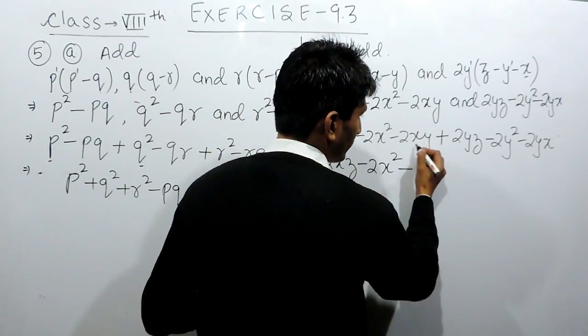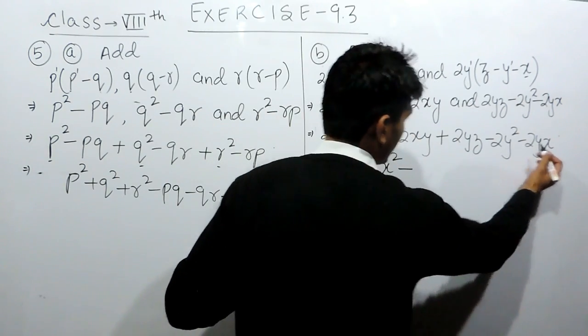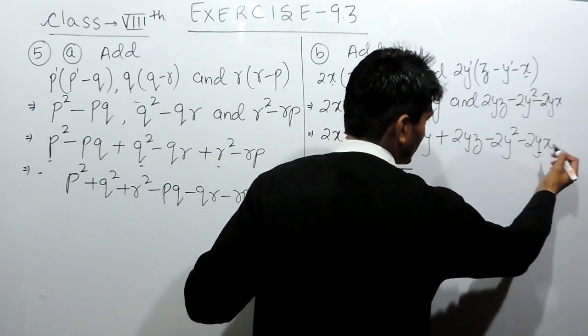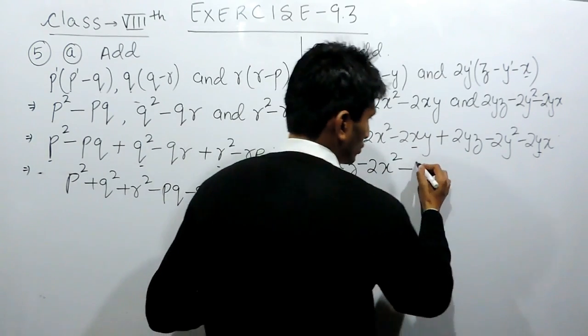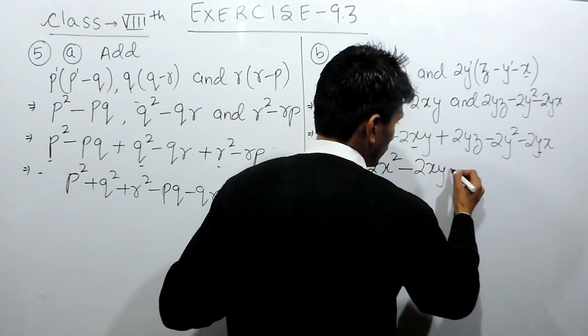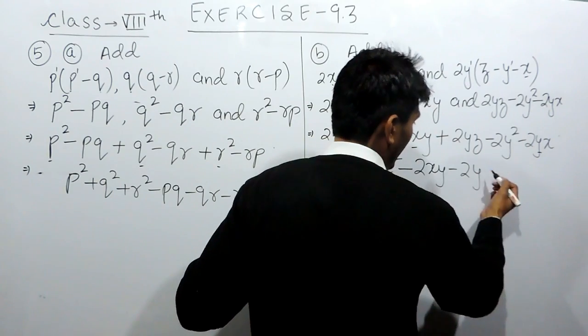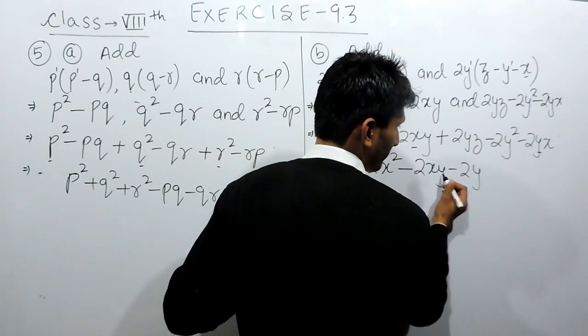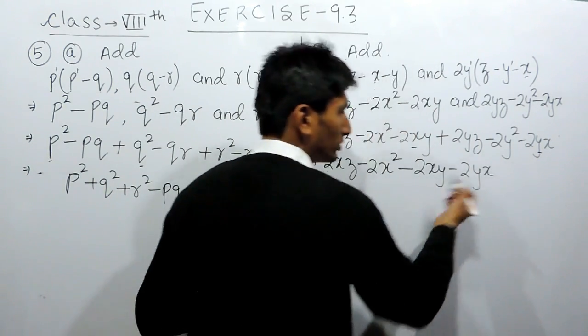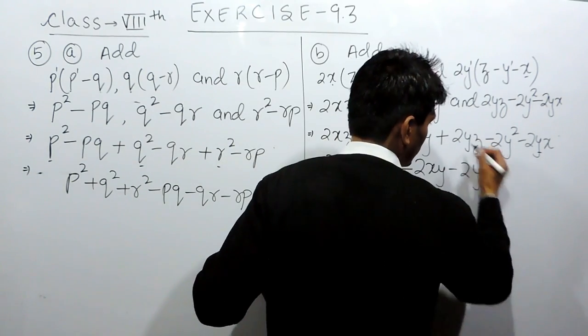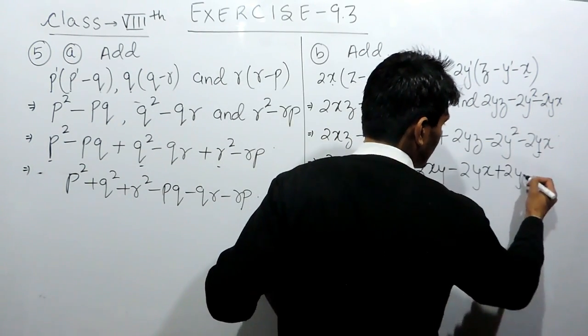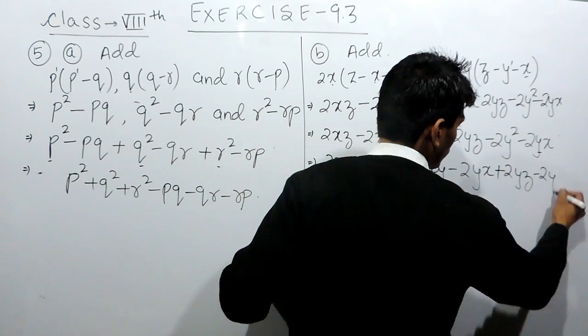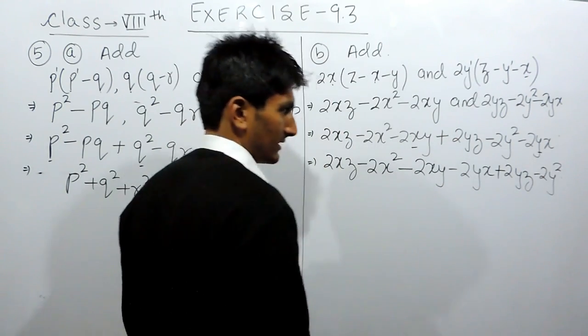This is 2xy, and at the last 2xy. These both are like terms, so these can be solved together. So I am writing these two together. x multiplied by y and y multiplied by x are both the same thing. And this plus 2yz and at last 2y square will remain as it is.